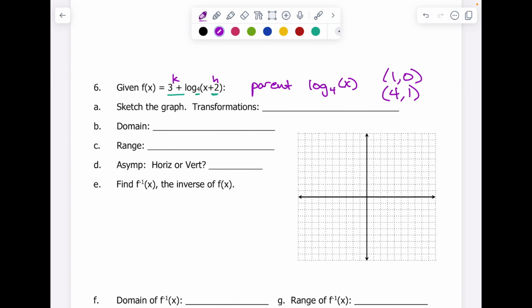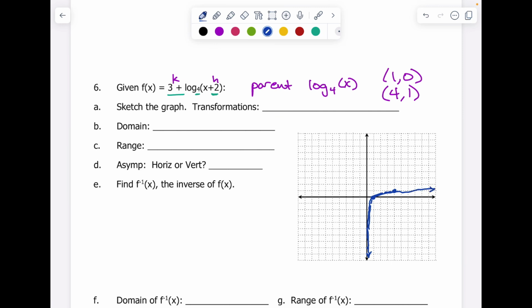So that would be our parent. Let's go ahead and graph that out now. (1, 0), (4, 1). And it's logarithmic, so it would kind of go this direction. Sorry, I'm trying to make this dotted and temporary, and it's just looking worse.